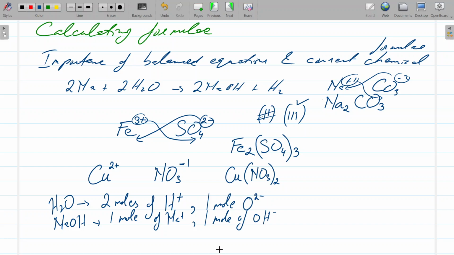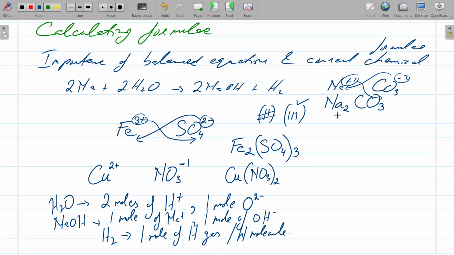Right? This is H2, which is 1 mole of hydrogen gas, or hydrogen molecule, because it's diatomic.